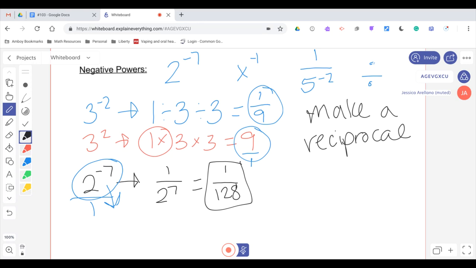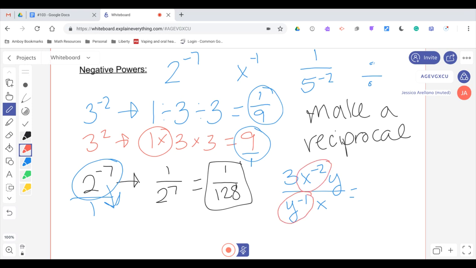Let's say I have, let's do blue, 3x to the negative 2nd y over y to the negative 1st x. Okay. Here's what I do. Now, there's a lot of things going on here, but I want to tackle the negative exponents first.